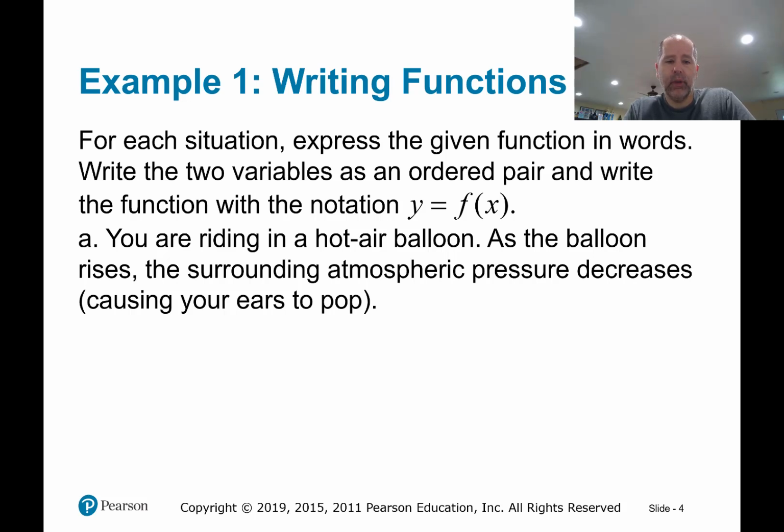Does the height of the balloon affect the atmospheric pressure, or does the atmospheric pressure affect the height of the balloon? We're talking about altitude and air pressure. So which is the independent variable?